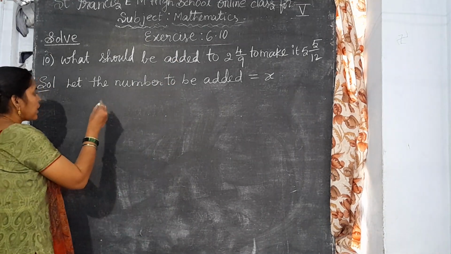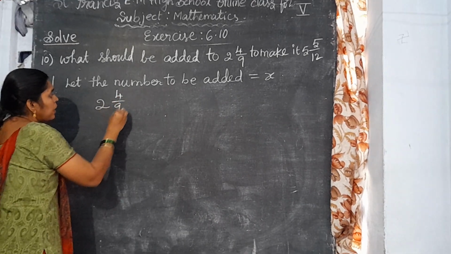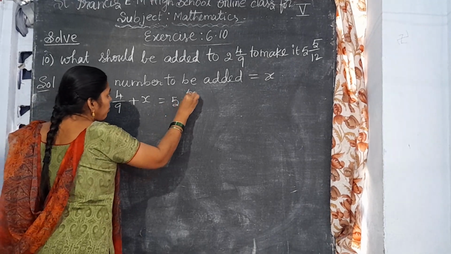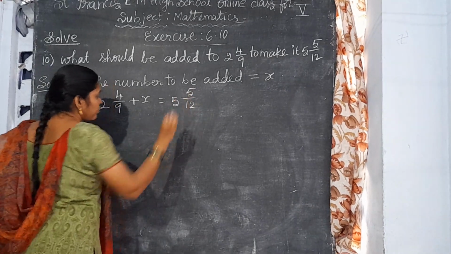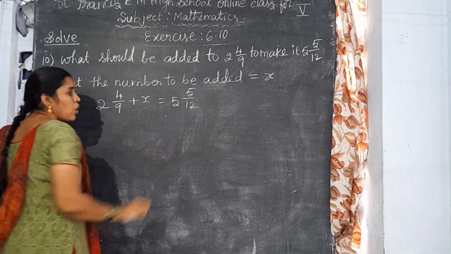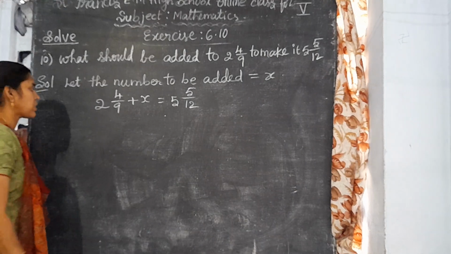So see, 2 4 by 9 plus x is equal to 5 5 by 12. This is a mixed fraction and this is a mixed fraction. So both of these you should convert into improper fractions.